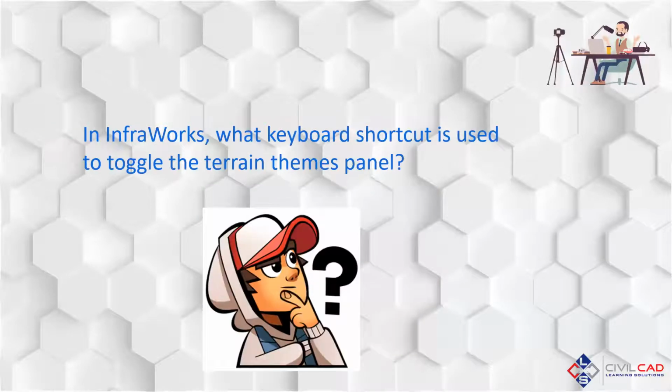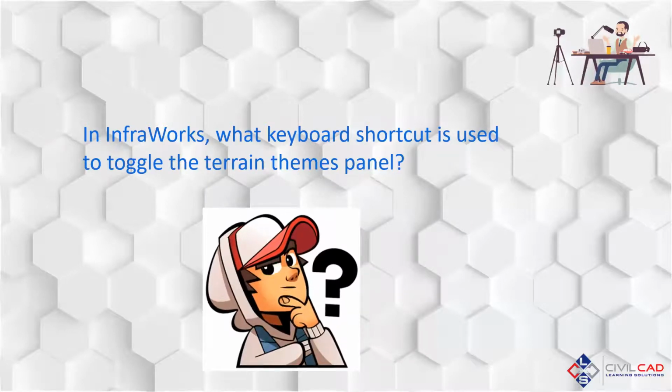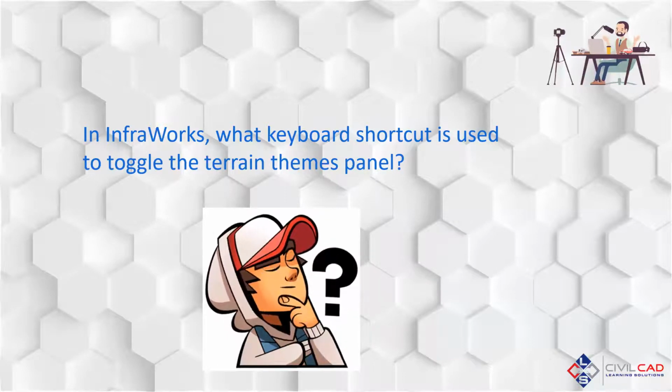Next one. In InfraWorks, what command shortcut is used to toggle the terrain themes panel? The terrain themes panel. So terrain themes would be color coding the elevations.